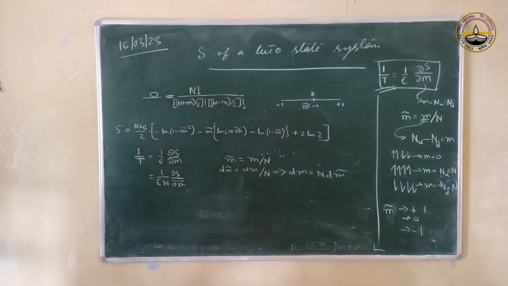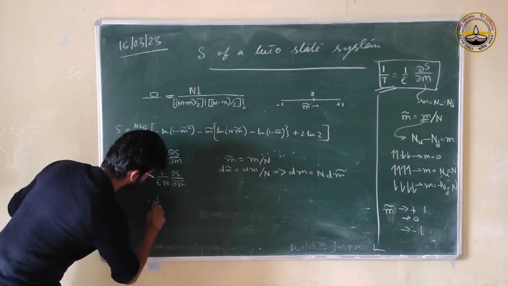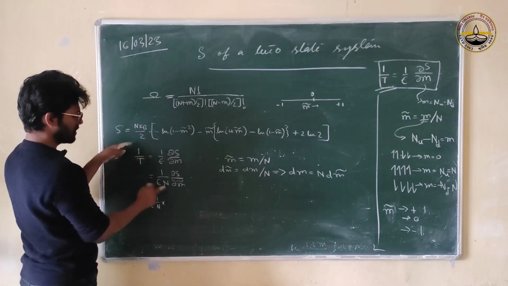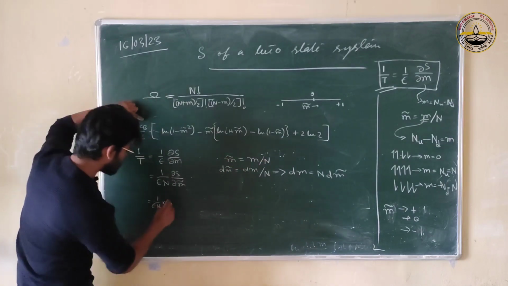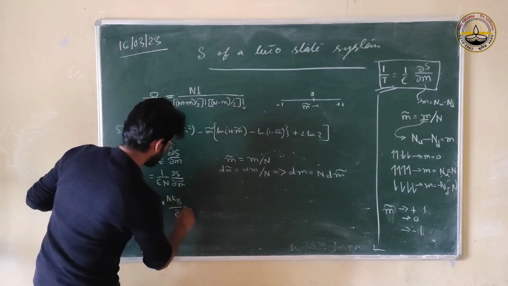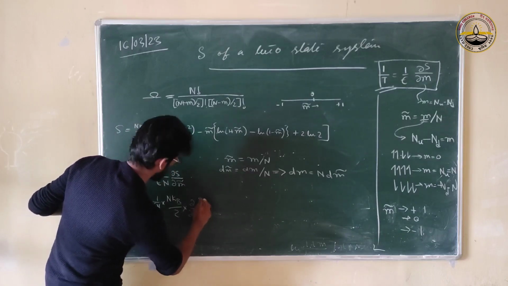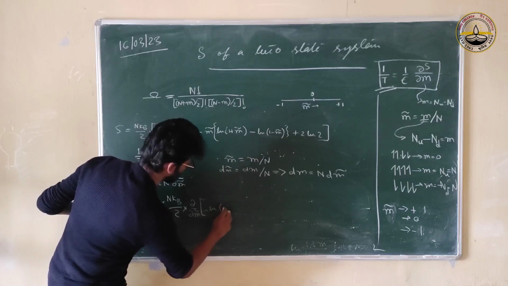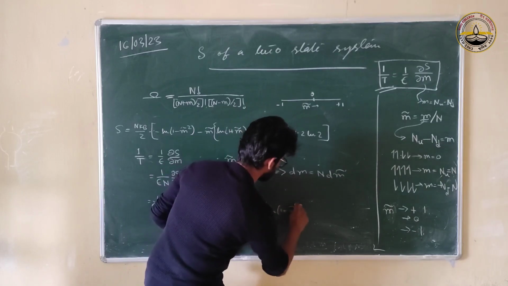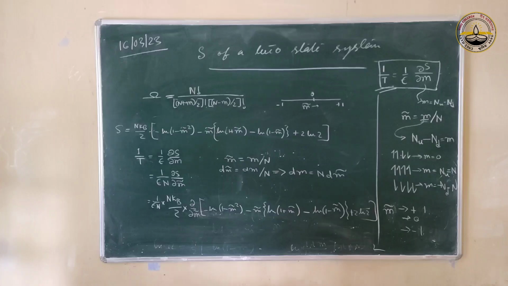That's my temperature, and S is given by this. So let's see, 1 over epsilon n times the entropy's derivative. This is constant, it comes out in front, and then we have a del m tilde of this: log of 1 minus m tilde square, minus m tilde log of 1 plus m tilde minus log of 1 minus m tilde, plus ln 2.